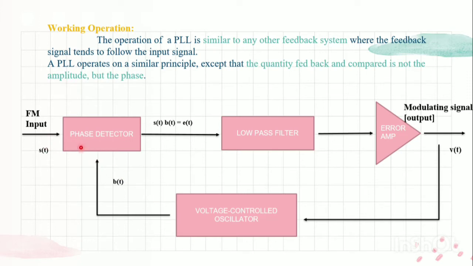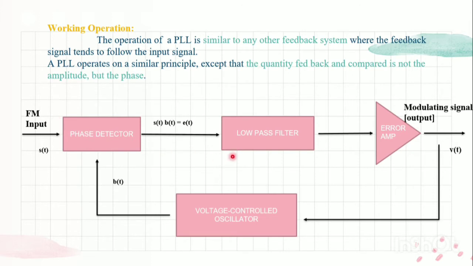Okay, now going into the circuit. First, an FM signal is applied to the input of the phase detector, and the VCO is tuned to a nominal frequency equal to the unmodulated carrier frequency with a phase shift of 90 degrees. And this phase detector produces an error voltage depending upon the frequency and the phase difference between the output of the VCO and the instantaneous frequency of the FM.